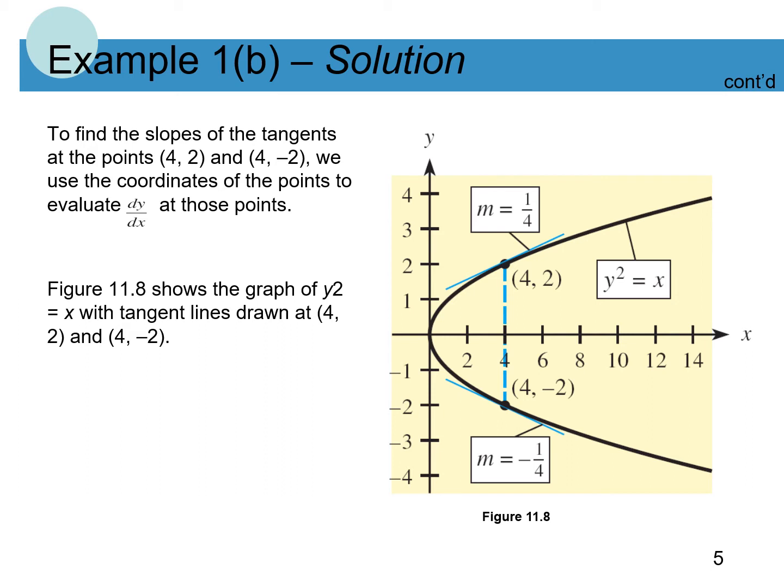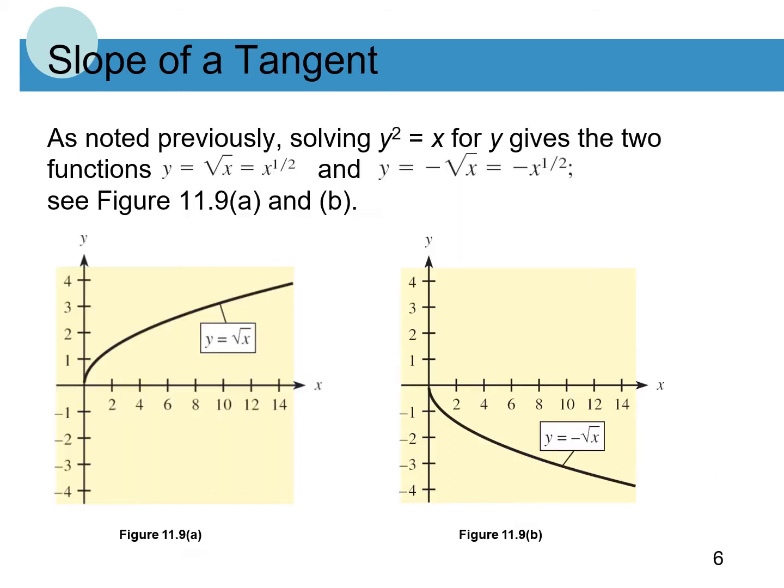As we noted previously, y squared equal to x gives us two functions: y equal to square root of x, which is also equal to x to the power 1 over 2, and at the same time y equal to negative square root of x, or negative x to the power 1 over 2.